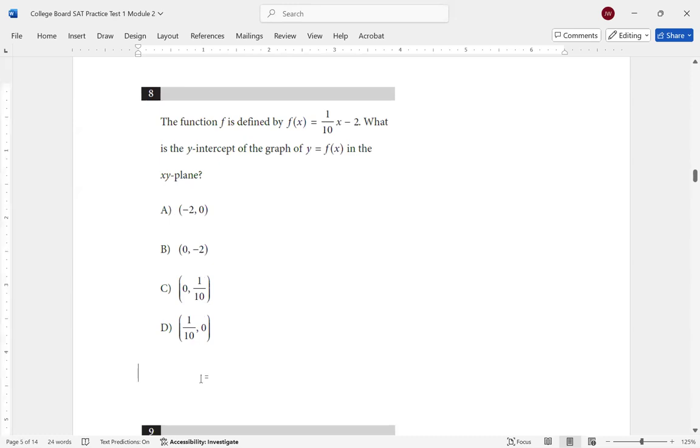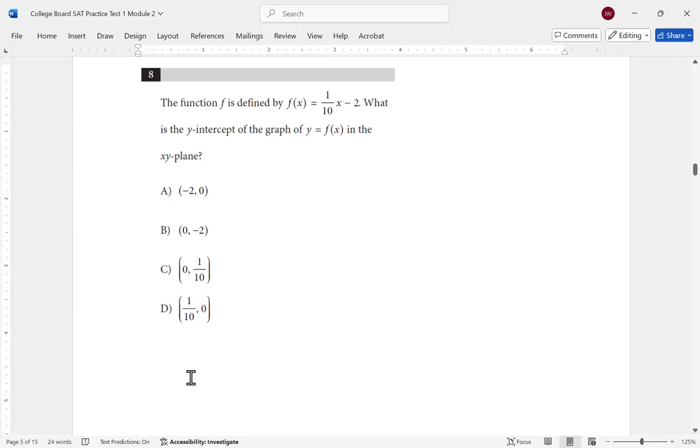Let's take a look at problem number 8. It says a function is defined by f of x is equal to 1 over 10 times x minus 2. What is the y-intercept of the graph y equals f of x in the xy plane?